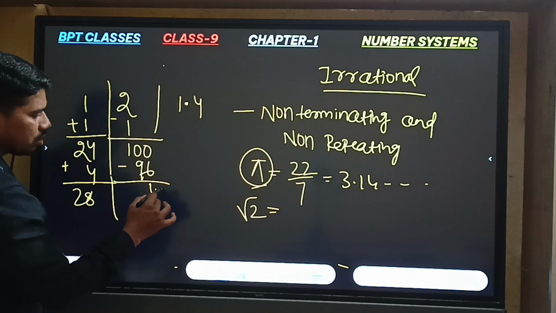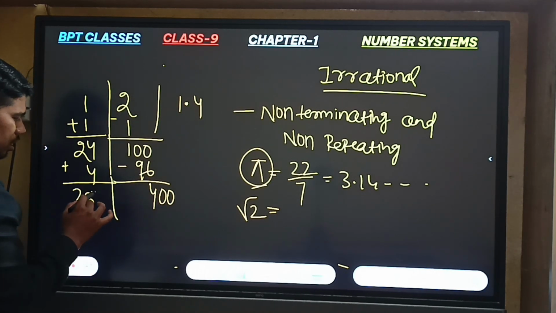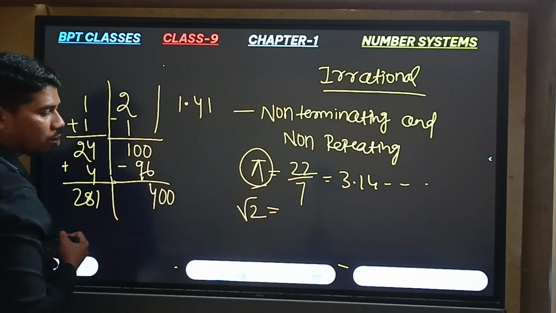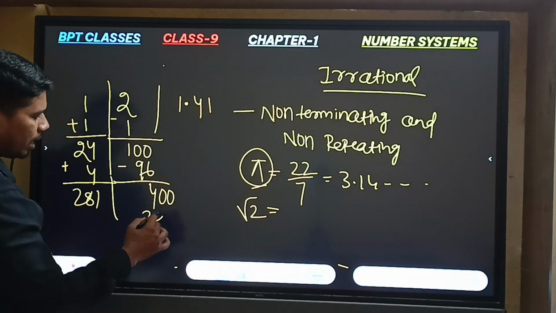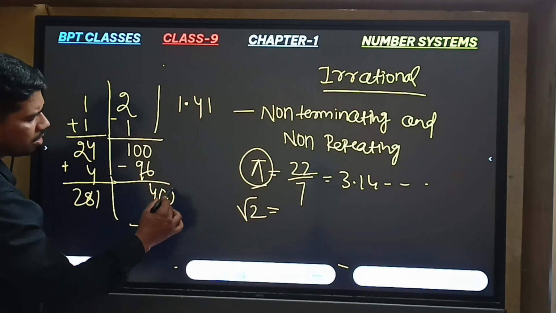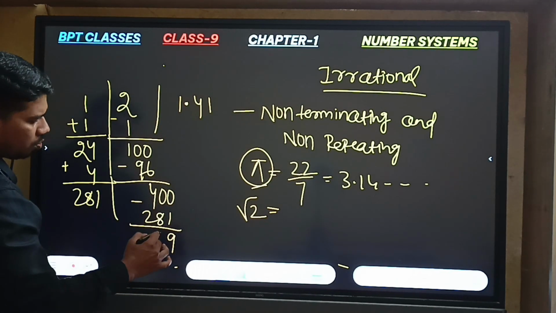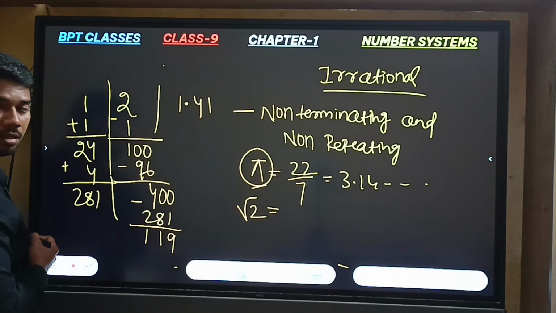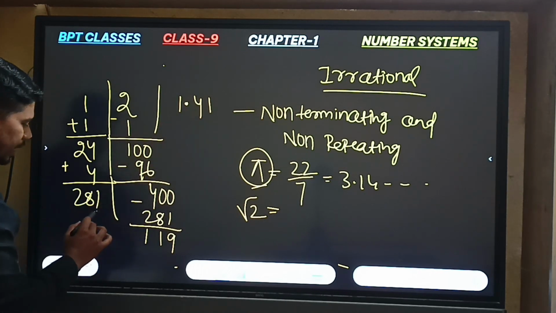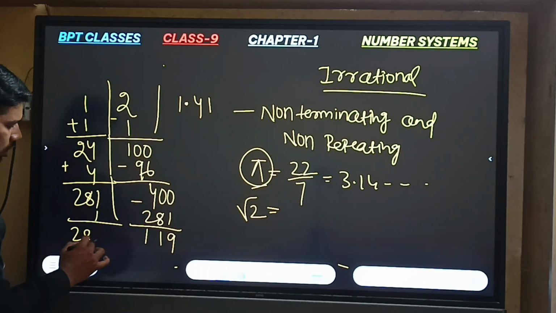Again double 0 comes down. So we write 1 here, and another 1 also. So 281, again it is subtracted, then the result will be 119. Then that one again is added here, and that will be 282.